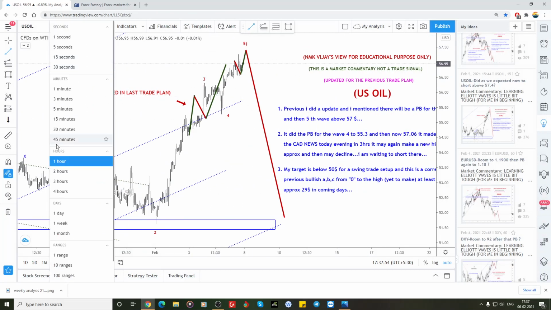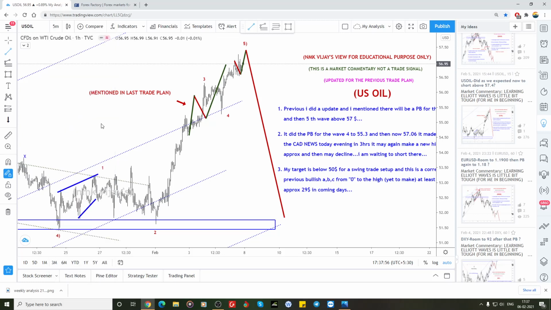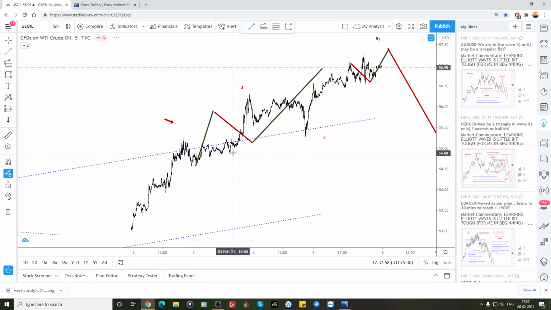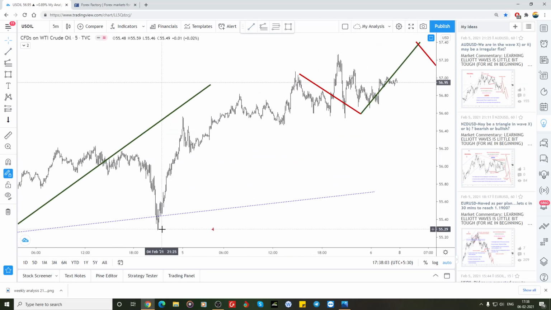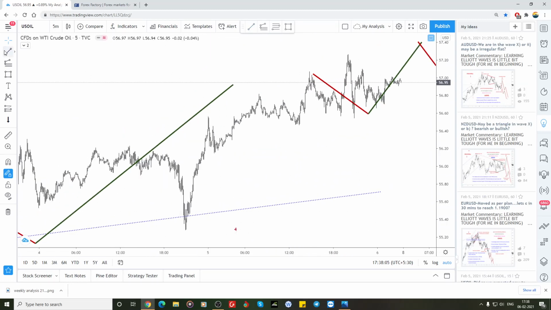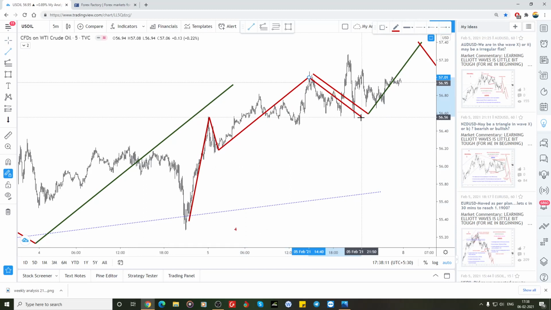So here I watched in that 5-minute chart from here itself. Wave 1, because I took this as a diagonal, 1, 2, 3, so 4 has to come, and then again it has to shoot for the fifth wave.